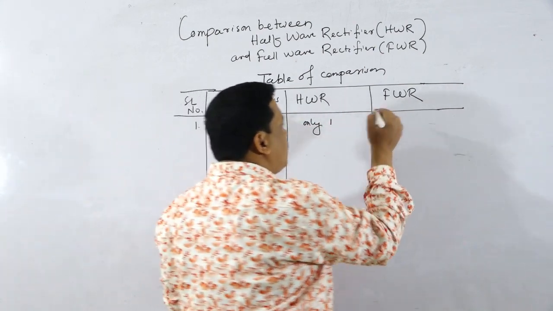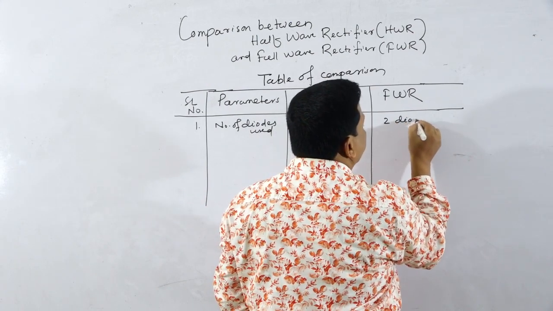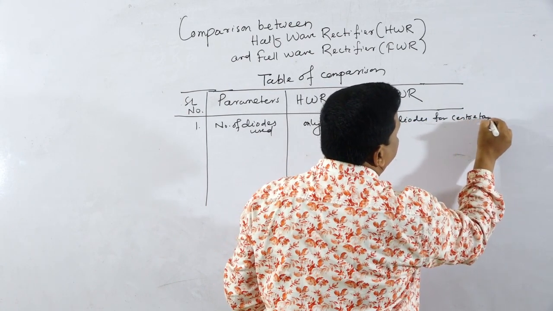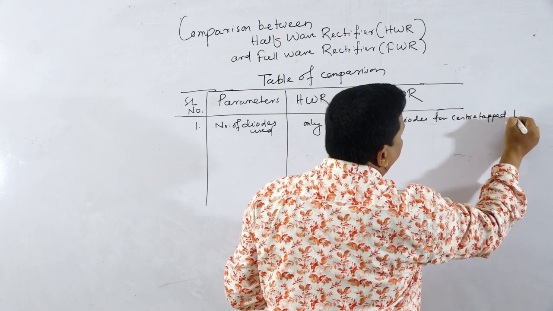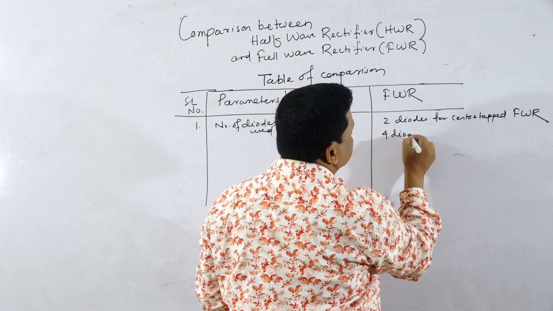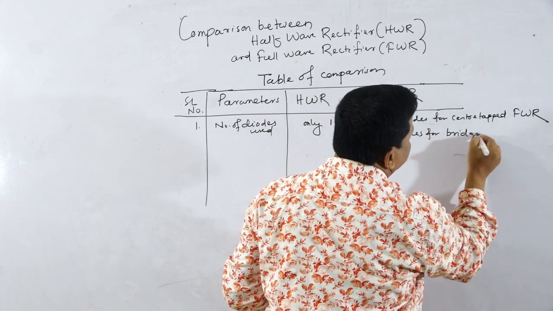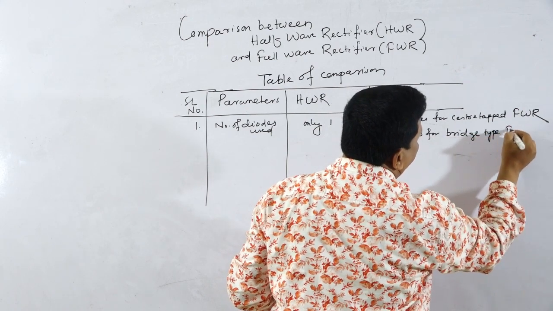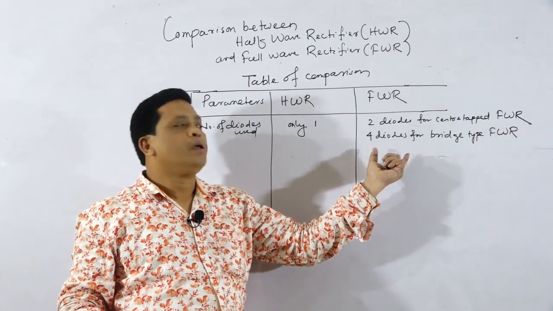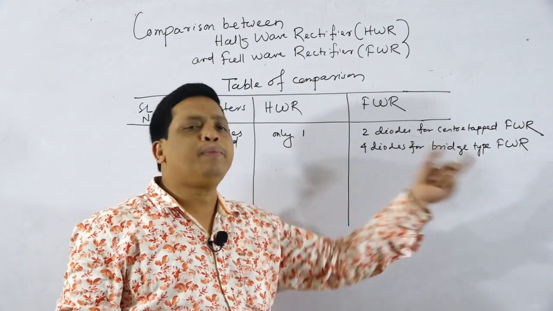But in case of full wave rectifier, you will see 2 diodes for center tapped full wave rectifier and 4 diodes for bridge type full wave rectifier. Remember, I have not discussed this one, but 4 diodes are to be used in a bridge type full wave rectifier.